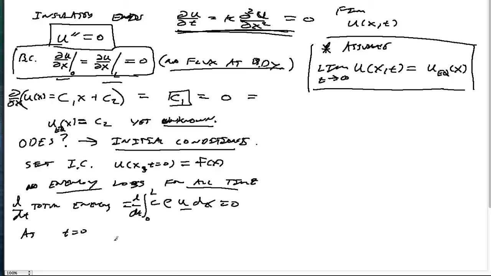And it also means then at time equals 0, we do know what u is. So at time 0, the total energy is going to be the integral from 0 to L of our specific heat, our density of mass of our rod, times f of x, right? Because that's what our initial condition was, dx.